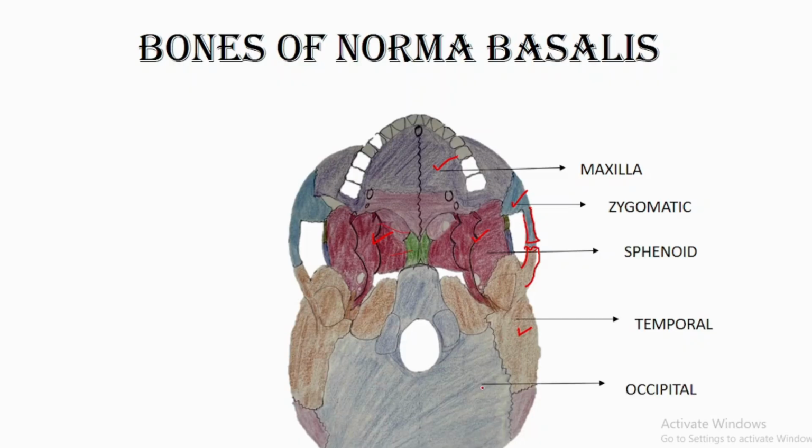The most posterior bone which is seen in norma basalis is the occipital bone. Now this bone, which is present posterior to maxilla and forms the posterior portion of the hard palate, is the palatine bone. And lastly, this green colored bone is the vomer bone. So these are the bones of norma basalis.